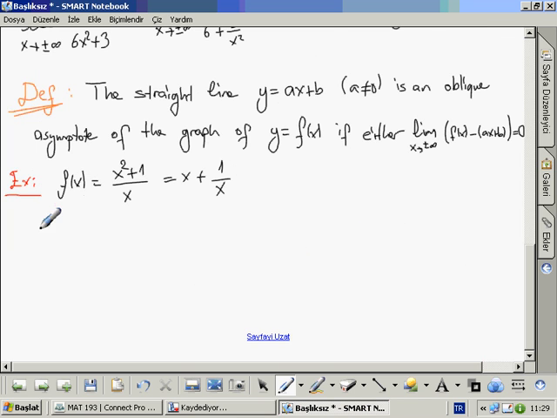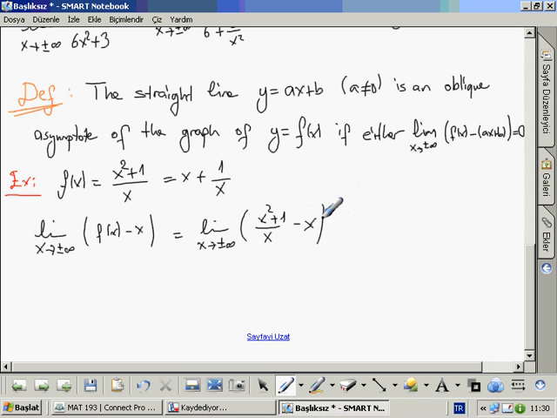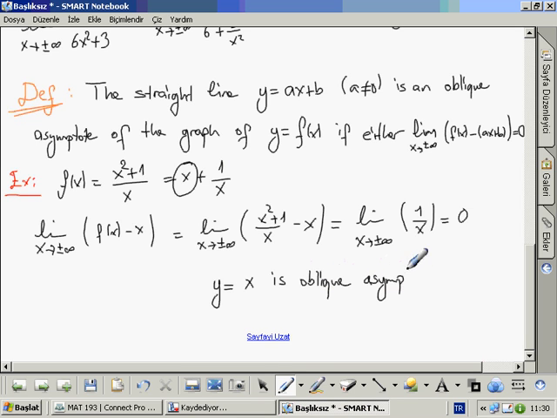The limit as x approaches minus or plus infinity of f of x minus x is equal to the limit of x squared plus 1 over x minus x, which is the limit of 1 over x, equal to 0. So y equals x is an oblique asymptote.